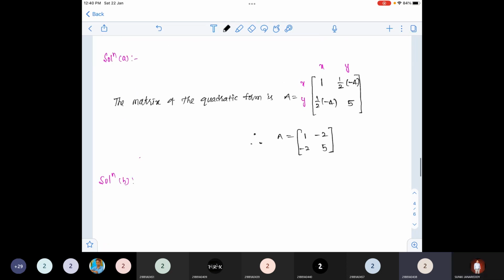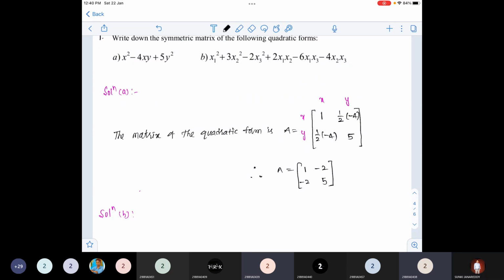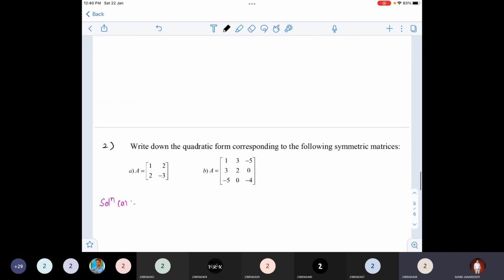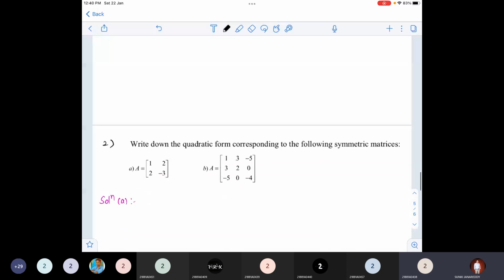Next. Excuse me, sir, can you explain how half into minus? Here, what is the quadratic form, the general form? In the next problem you can understand. In the next problem, what is given? A is given, right?